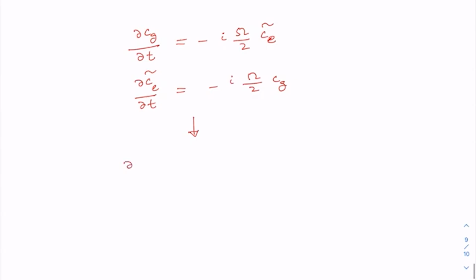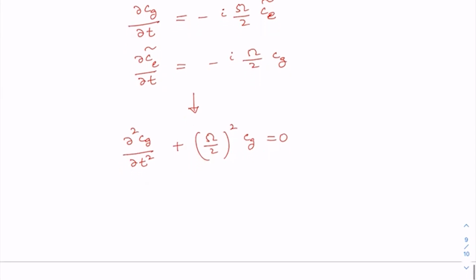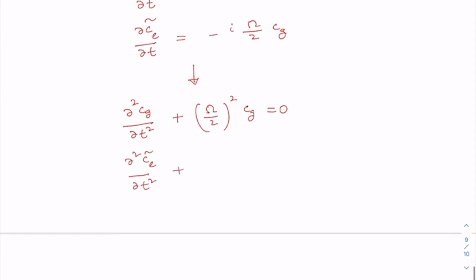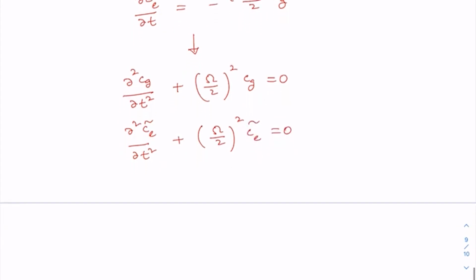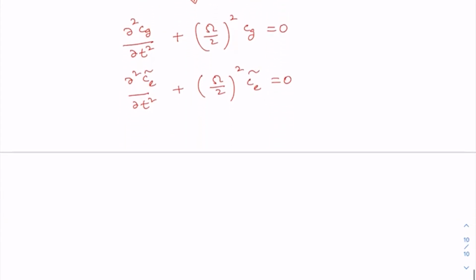It's easy to see that you will get ∂²Cg/∂t² plus (Ω/2)² Cg is equal to 0, and ∂²C̃e/∂t² plus (Ω/2)² C̃e is equal to 0. These equations are well known and they are frequently solved in many textbooks.